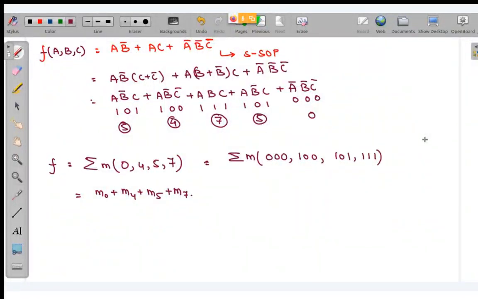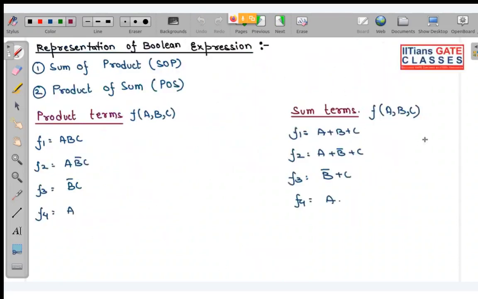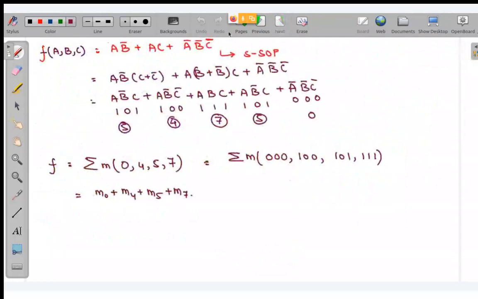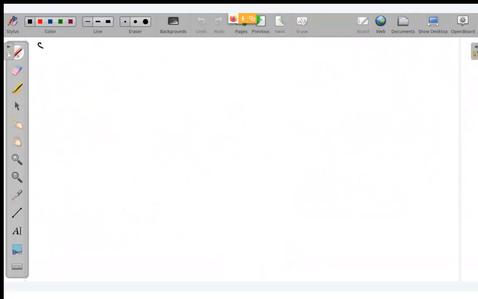So the last, today's last topic, is product of sum, also written in short form as POS.